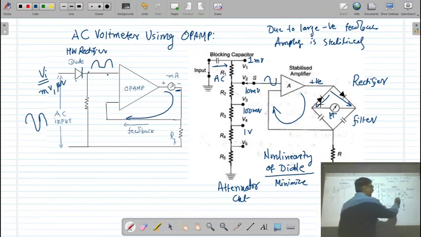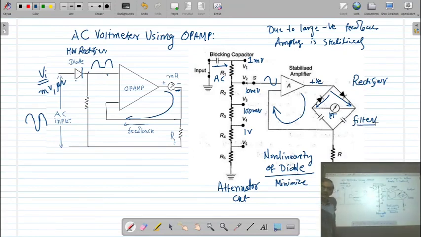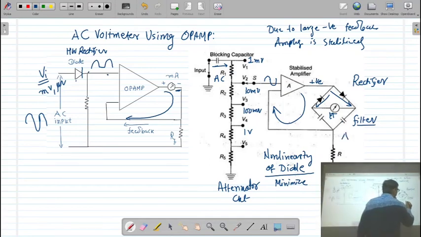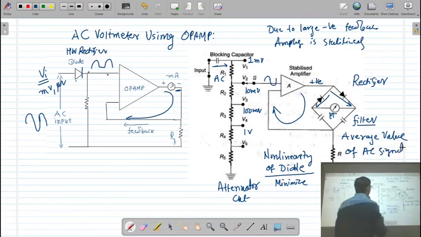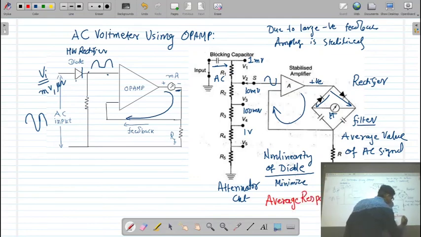Then the two capacitors are going to filter out the AC component of your rectifier circuit, and therefore you can measure the average value of the AC signal. So this is also known as an average responding meter. Remember, the circuit is working as an average responding meter.